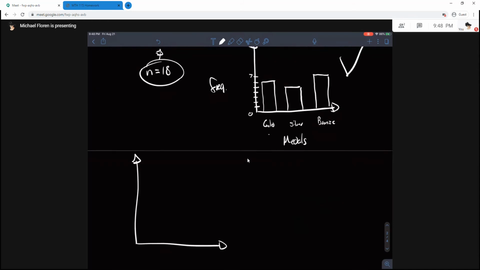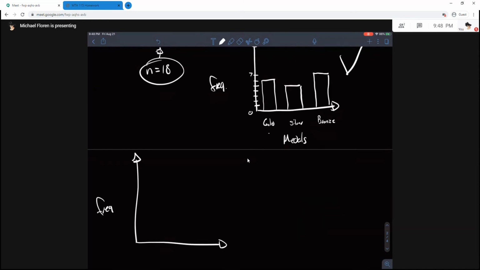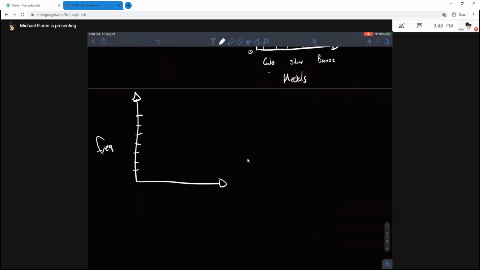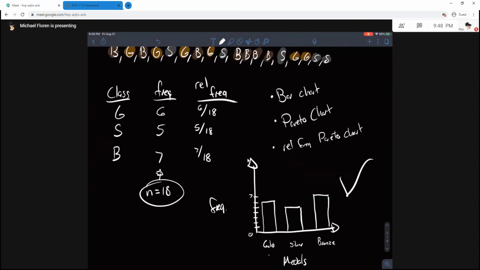Everything else looks the same. So we've got frequency, and we'll go 1, 2, 3, 4, 5, 6, 7. So I'll make a little more use of my height there. And I'm just going to write bronze, then gold, and silver. And again, they just go in height order, or if you're doing this for the first time, they go in the order of their frequencies.